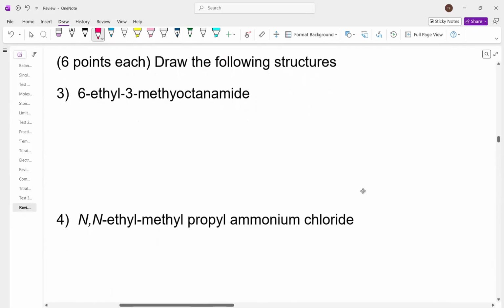Okay, so we've got an amide. And that means the amide has no groups coming off the nitrogen, so it's just a plain NH2.